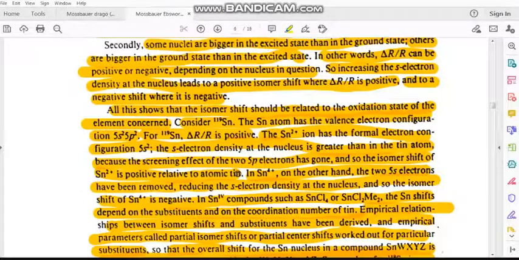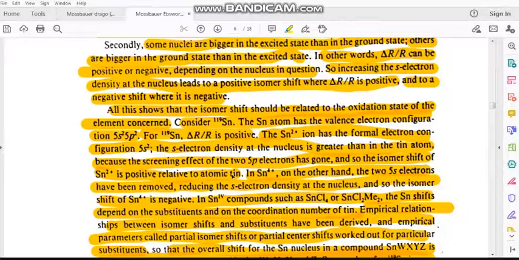For tin 2 plus, these 2 p electrons are gone, so the screening effect is gone. So it has more s electron density at the nucleus than the tin atom, and therefore a positive isomer shift. Okay, so the isomer shift of tin 2 plus is positive relative to the tin atom.